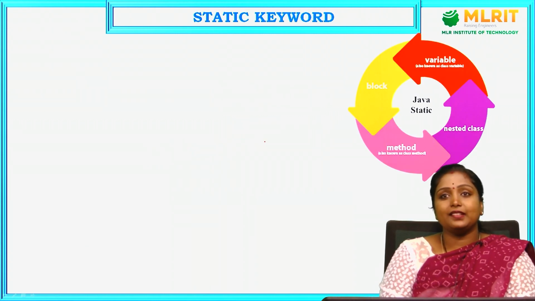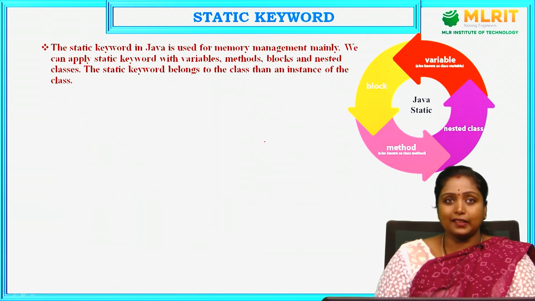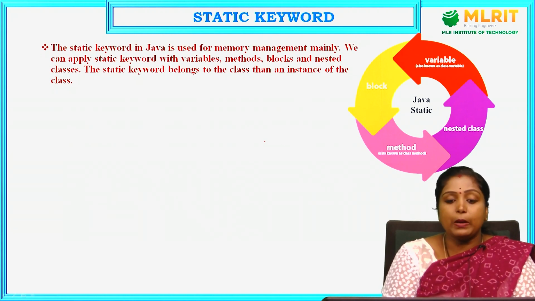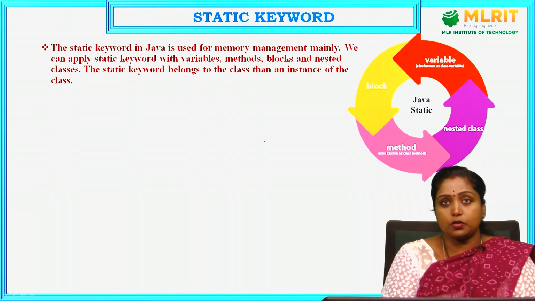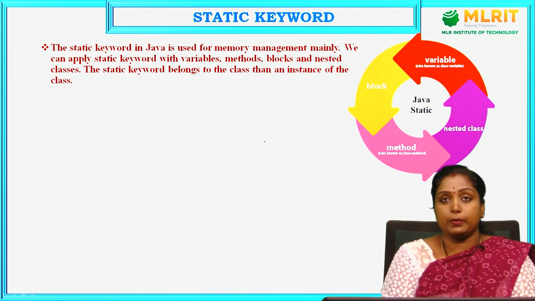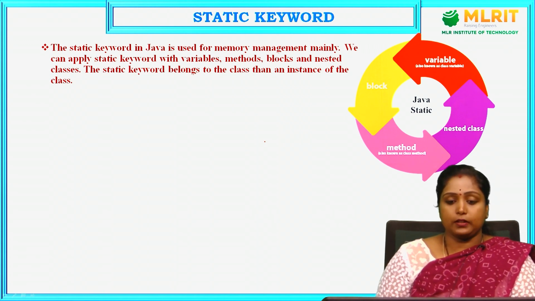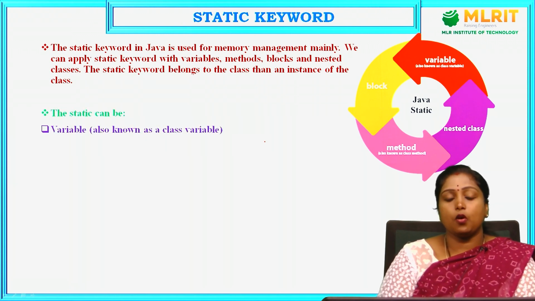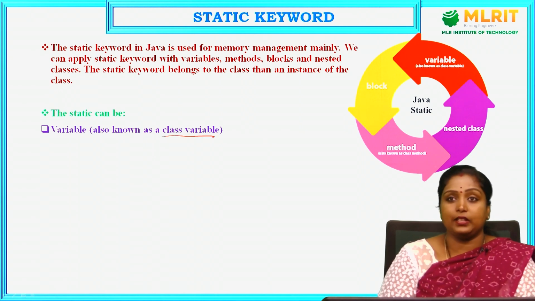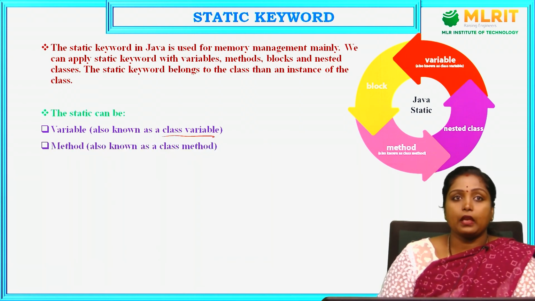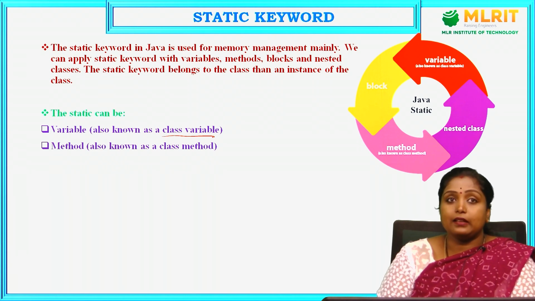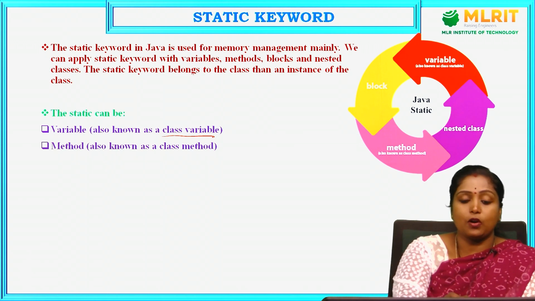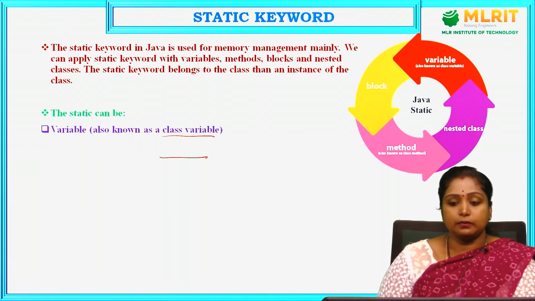So what is a static keyword? Static is a keyword which is used mainly for memory management. Here, we can apply static to the following things. Static can be a variable, also known as a class variable, and you can apply static to a method also, which is called a class method.